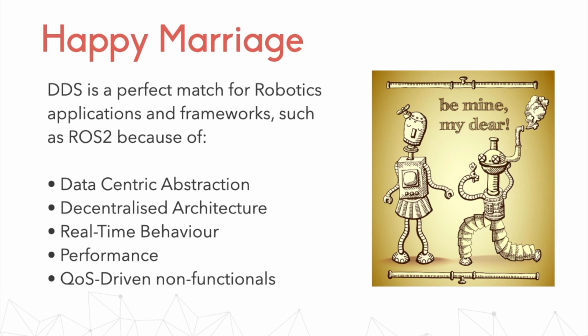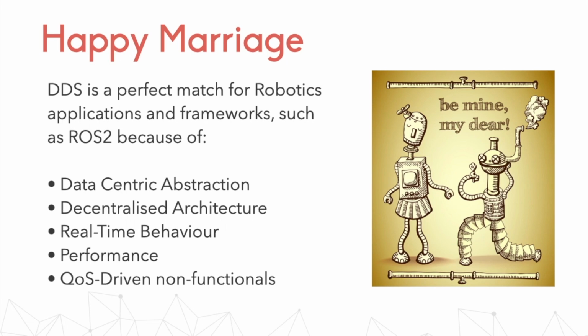Any kind of control application typically has to do with filtering, and if you are familiar, for instance, with FIRs, finite impulse response filters, typically they work on taps, so the last n samples of a given, let's say, temporal variable. And in this case, it's very easy with DDS to maintain those last n samples through some trivial QoS settings, for instance, the history QoS.